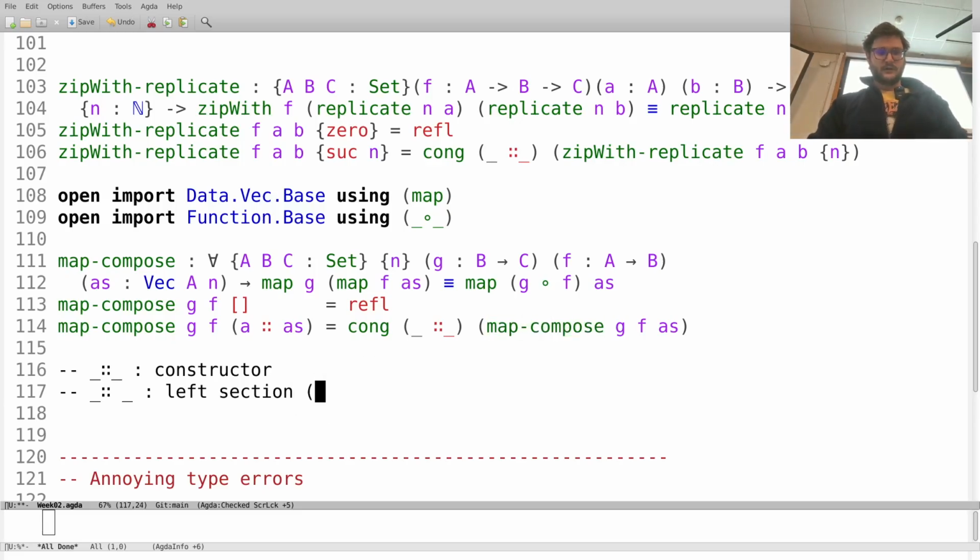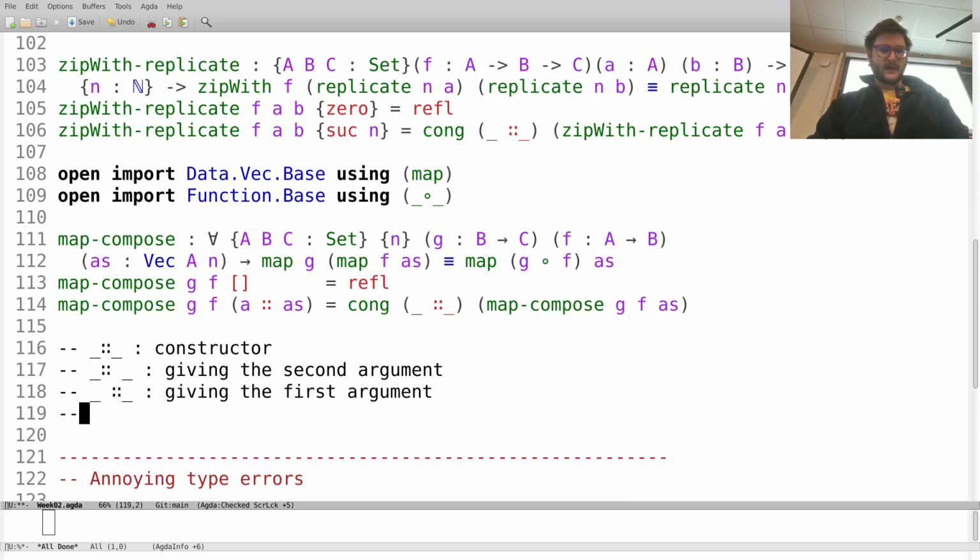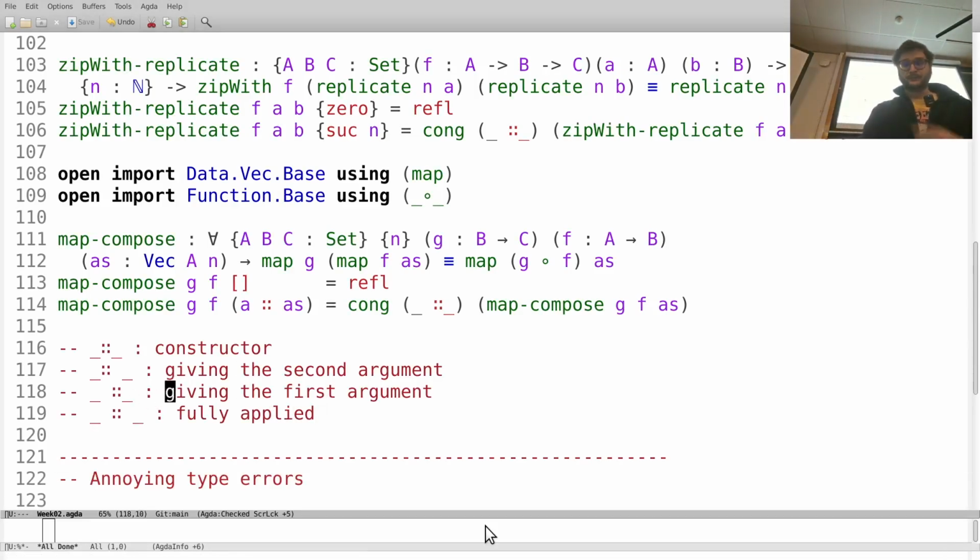So second argument, no, is it the right section? I can never remember. Anyway, whatever. What we're saying is we're giving the tail and we're giving the second argument. This is giving the first. And this is fully applied when we have all of the spaces.